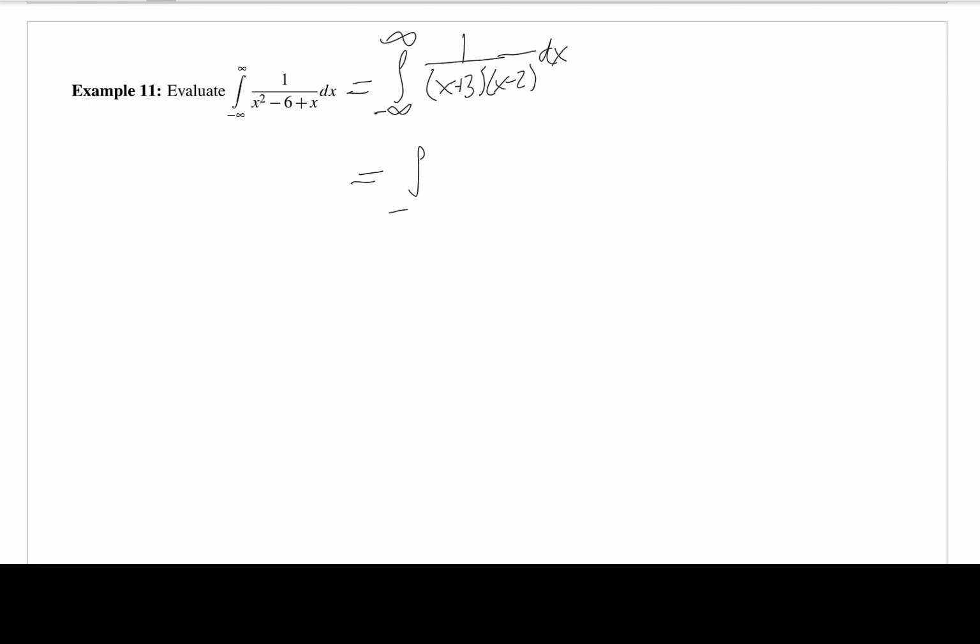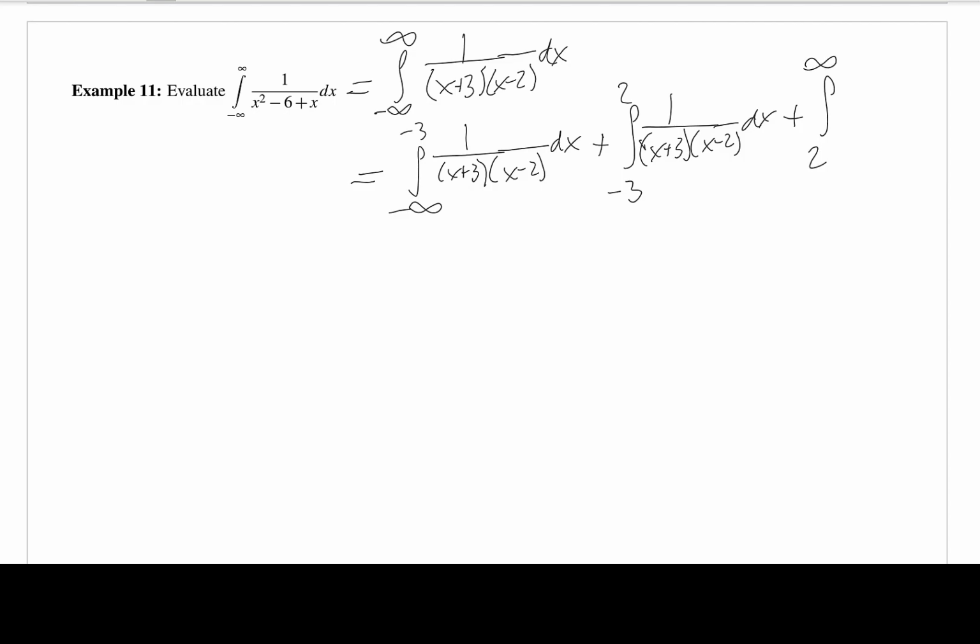Okay, so we're going from negative infinity to our first discontinuity, which is x equals -3. So 1 over x plus 3, x minus 2, dx, plus the integral from -3 to 2, 1 over x plus 3, x minus 2 dx, plus the integral from 2 to infinity of 1 over x plus 3, x minus 2 dx.